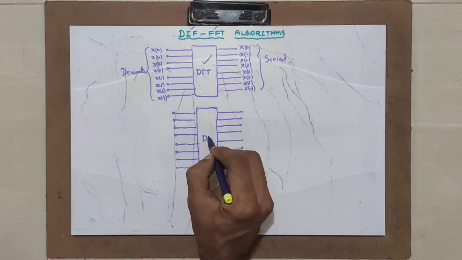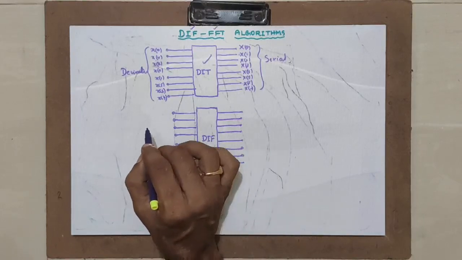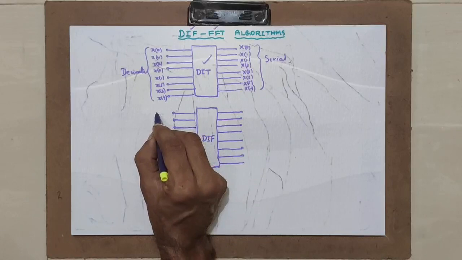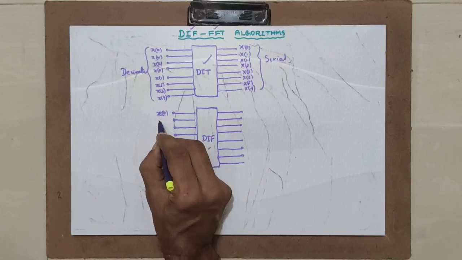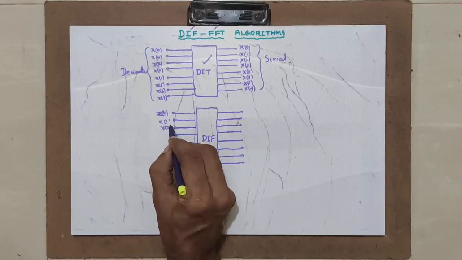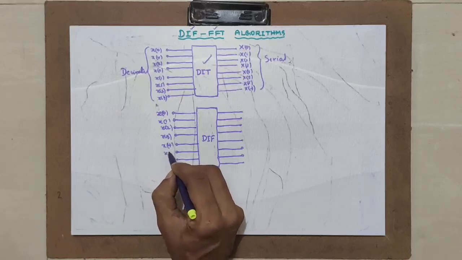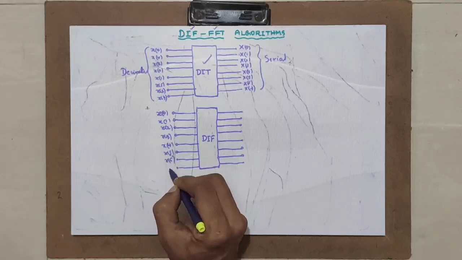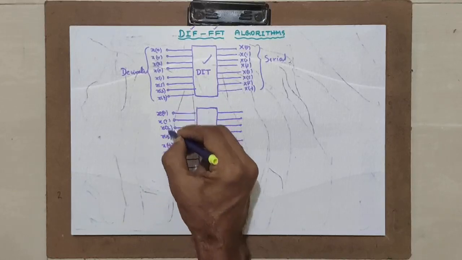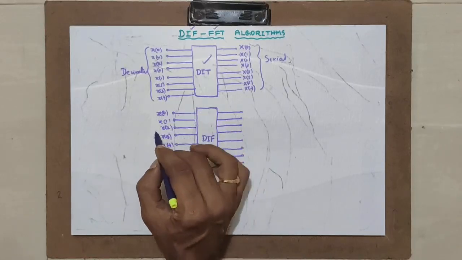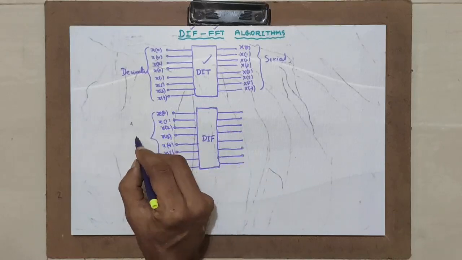This is the DIF algorithm, maybe first stage or second stage. Here the input comes serially: X0, X1, X2, X3, X4, X5, X6, X7. No bit reversal or decimation here. This is serial.